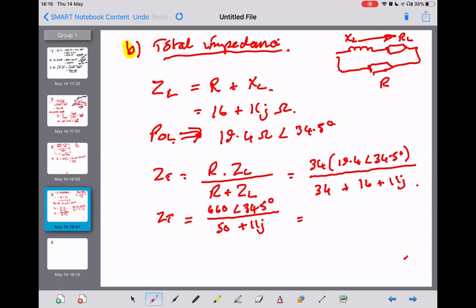which we can then convert. So keep the top polar, and now we convert the bottom to polar. For the bottom in polar, I got 51.2, angle 12.4 degrees. I better make that look like a degrees and not a 0.